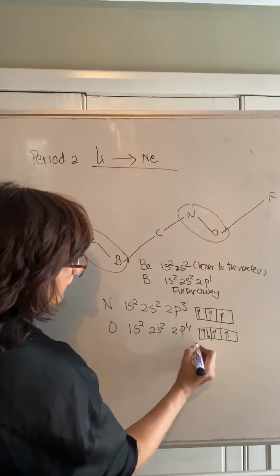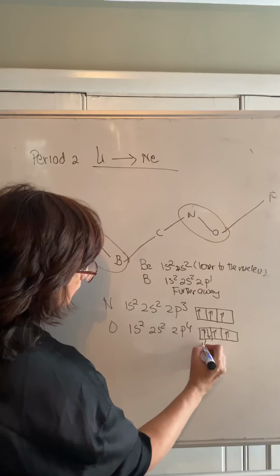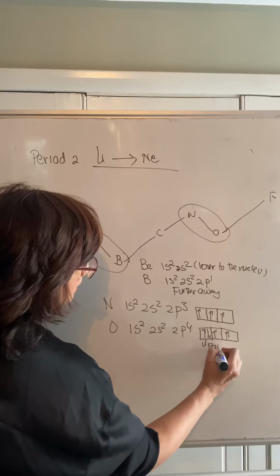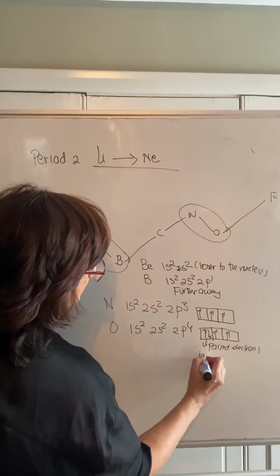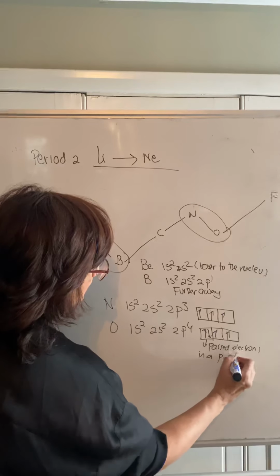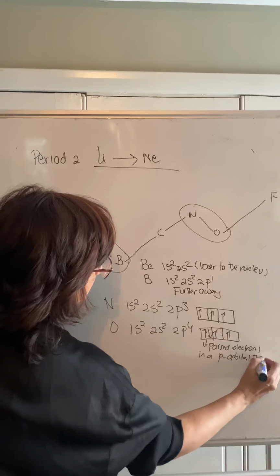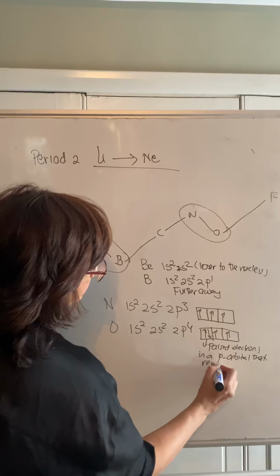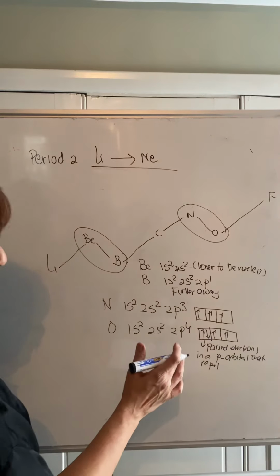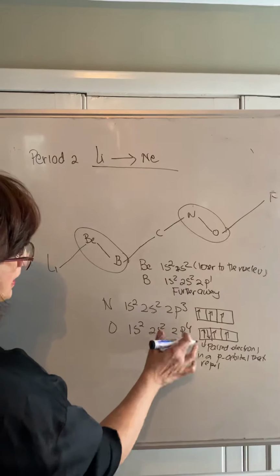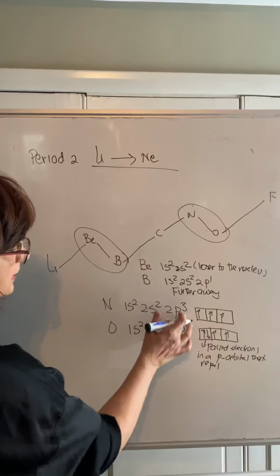Because there's a pair of electrons in a p orbital, they repel. So this makes it easier to remove an electron from oxygen's last p orbital than from nitrogen.